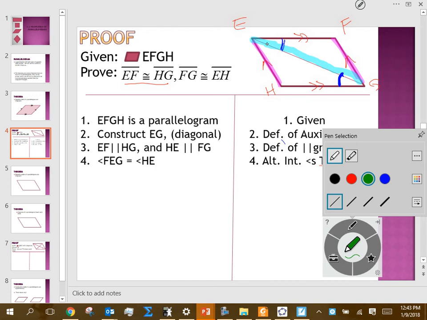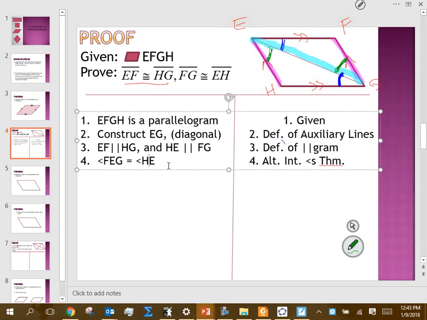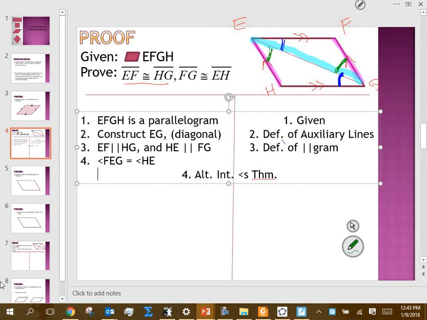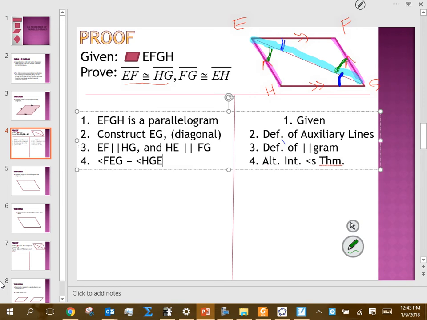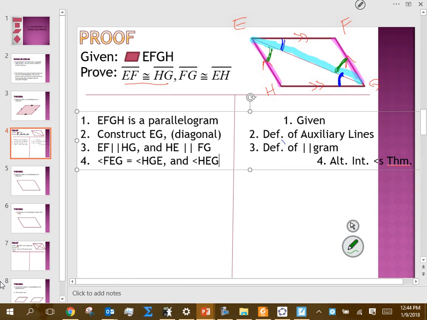So now we could say that this green angle is congruent to that green angle, couldn't we? Because again, they're alternate interior angles. So I'm going to write angle HEG is congruent to angle FGE.